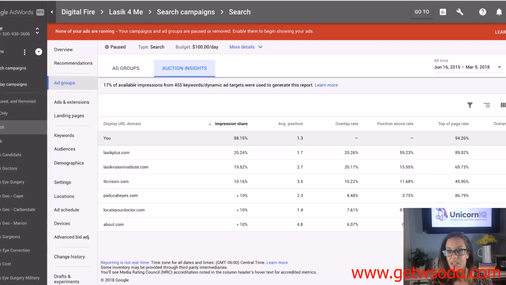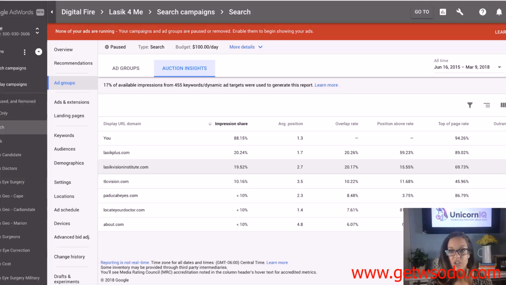Now the next column is called overlap rate. This tells you what percentage of the time the competitors' ads are showing up at the same time and overlapping with your ads. Basically, when are they showing at the exact same time?